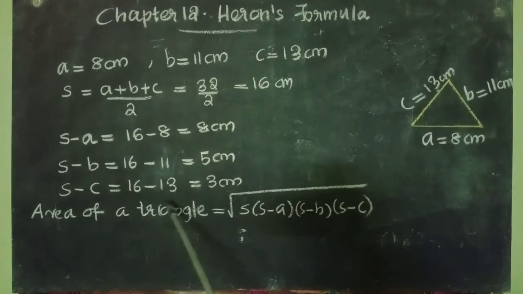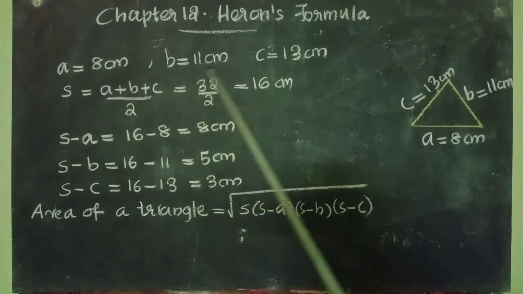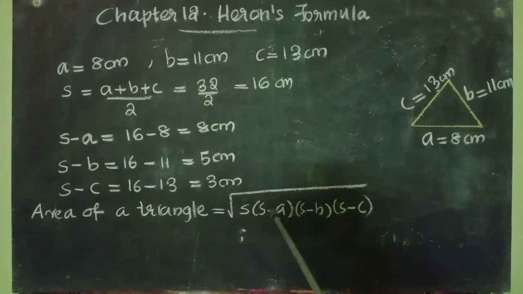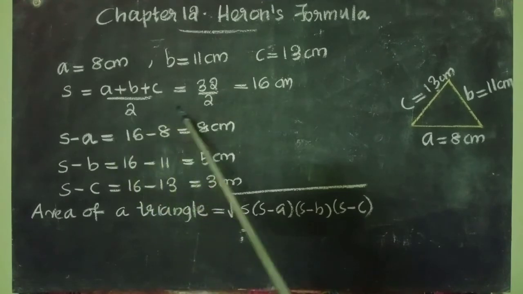Area of triangle by Heron's formula is root of S into S minus A into S minus B into S minus C. Now we know S, we found S equal to 16 cm. S minus A we found equal to 8 cm.